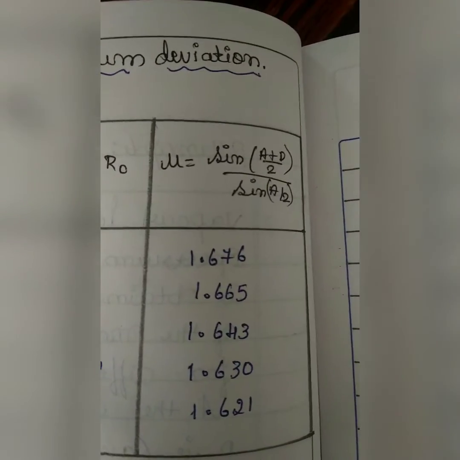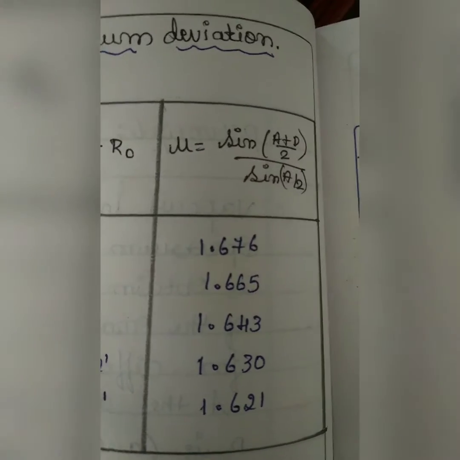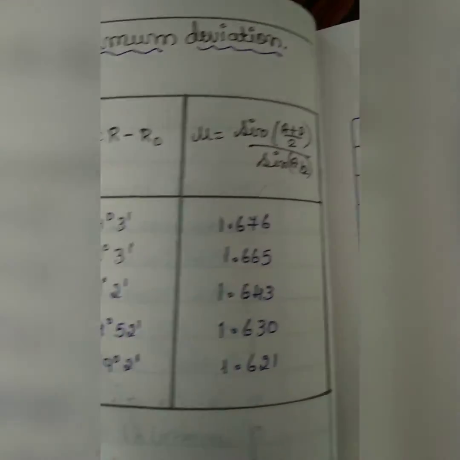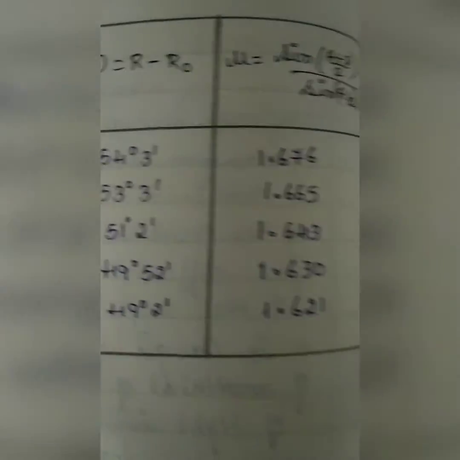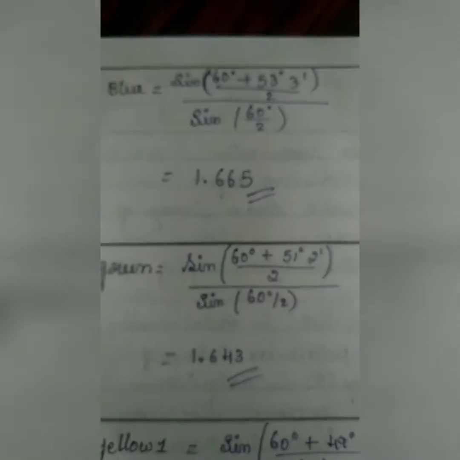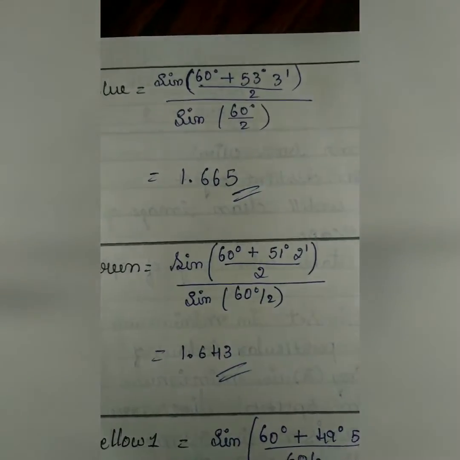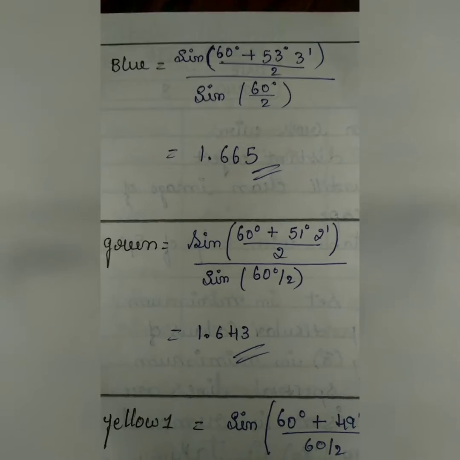The prism is an equilateral triangle, hence the angle of the prism is 60 degrees, and the angle of deviation is found by D equals R minus R naught for each color. Then you find the refractive index of the given colors using the formula.